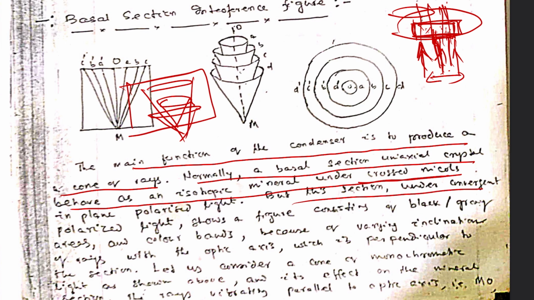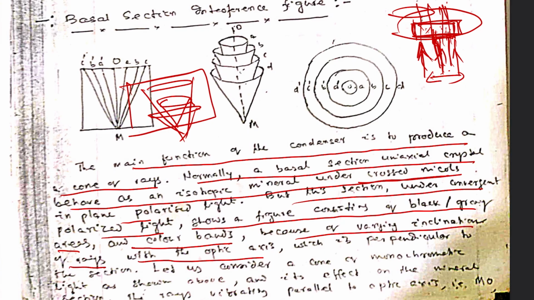Thus, under conoscopic arrangement, or in convergent polarized light, the basal section shows a figure which consists of a black or grey area and colored bands, because of varying inclination of the rays with the optic axis, which is perpendicular to the section.